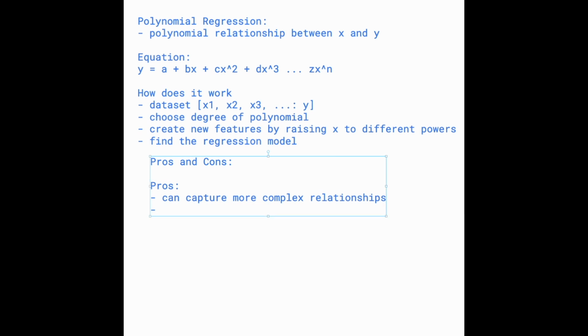It's also more flexible than simple linear regression. Like I said before, we can account for different factors influencing the output. With the curves of a polynomial, we can account for all of these much better than linear relationships. So it's more flexible than simple linear.